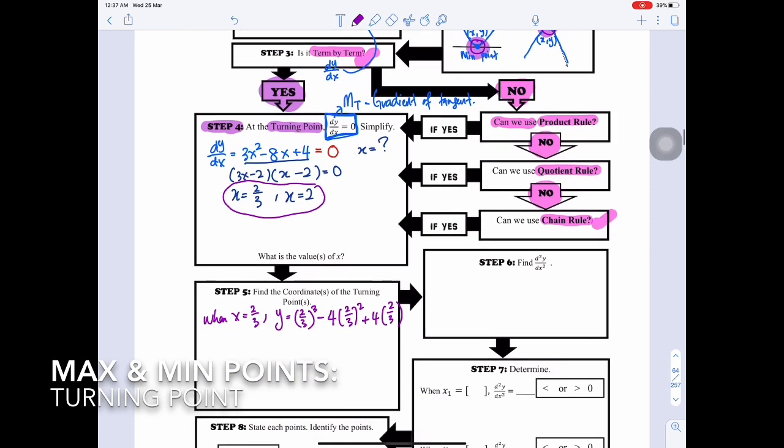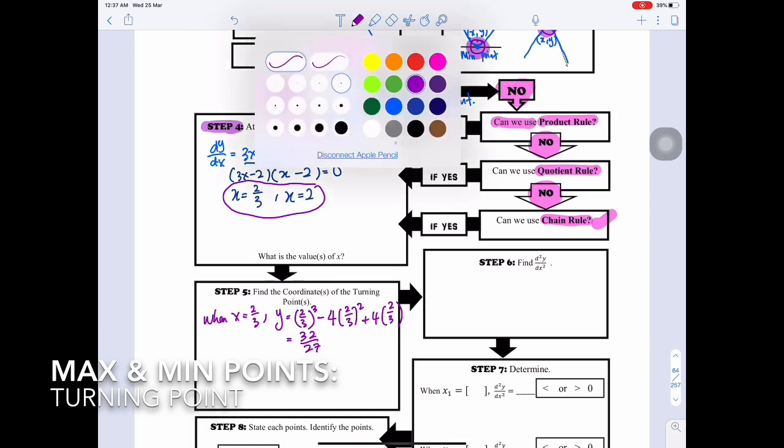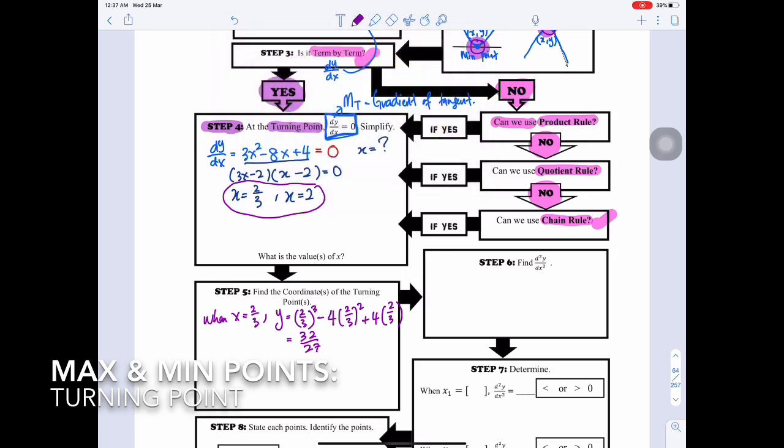Okay, and then you will get 32/27. Okay, and then when x equals 2, you substitute.